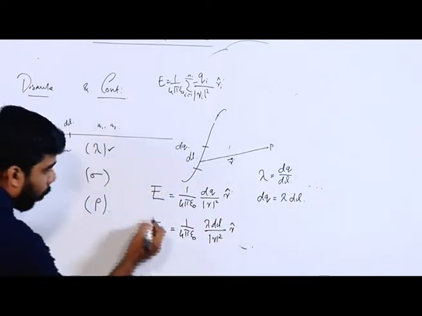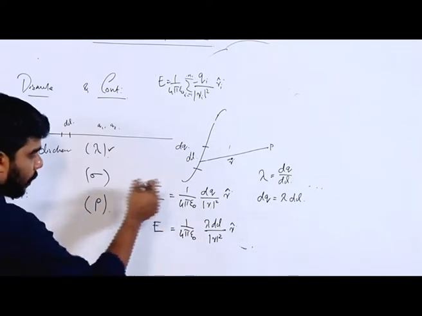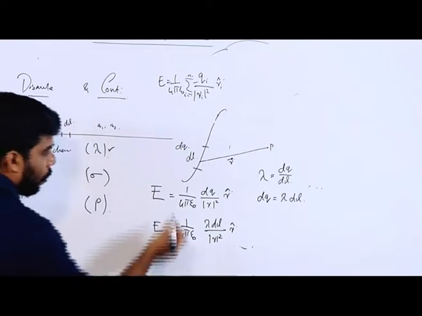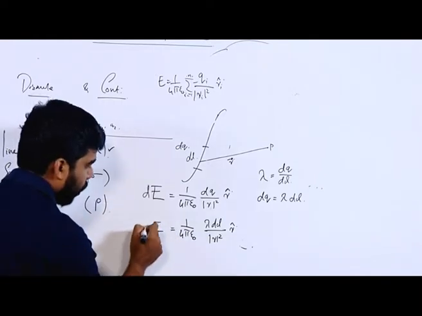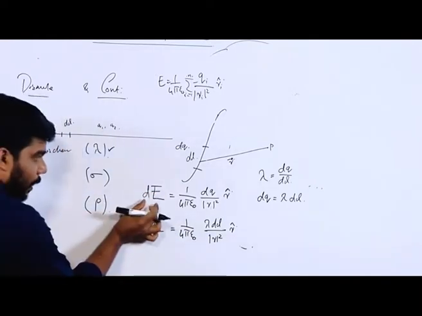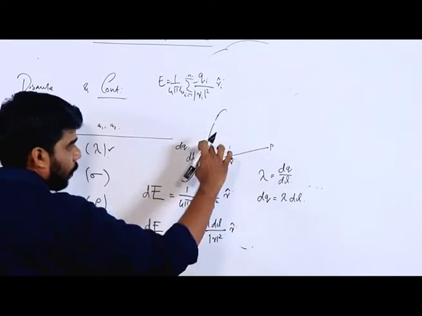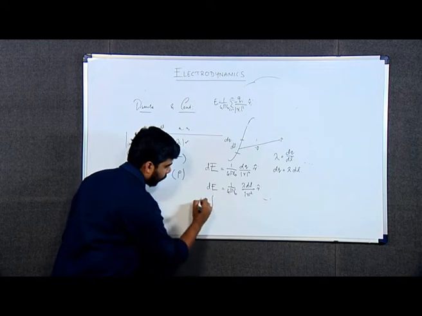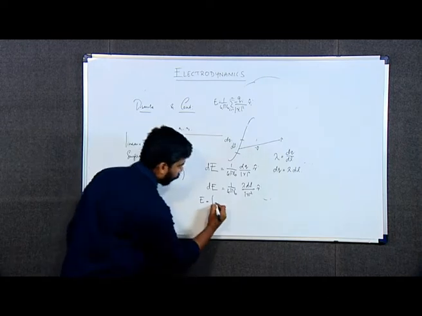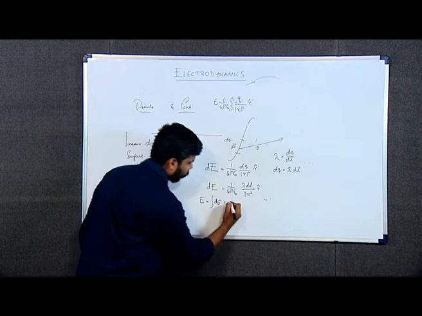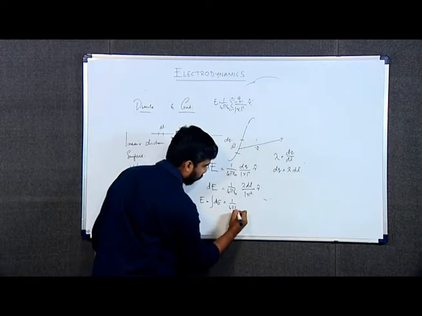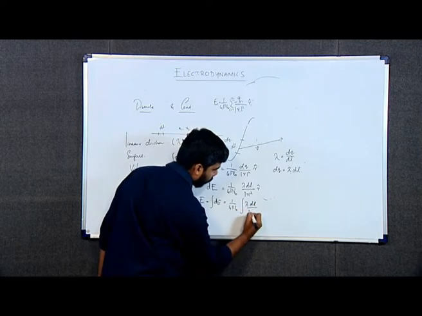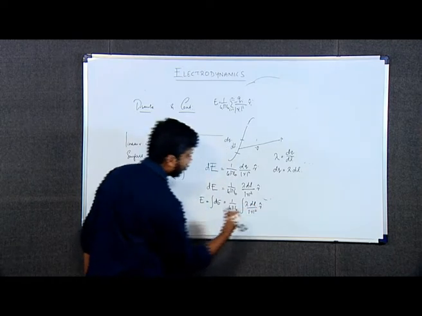For the total electric field, there is a small problem here. This is due to the small charge dq, so I should name it dE, the little bit of electric field produced due to this small dq. So the total electric field, I should integrate: E is equal to integral dE, which is equal to 1 by 4 pi epsilon 0 integral lambda dl by modulus of r square into r cap.